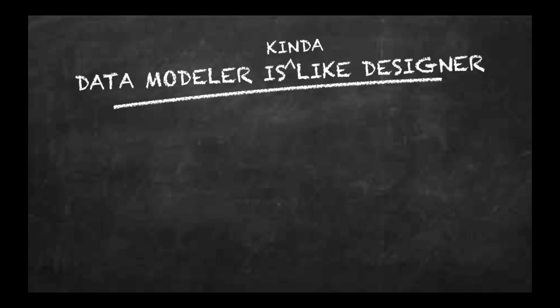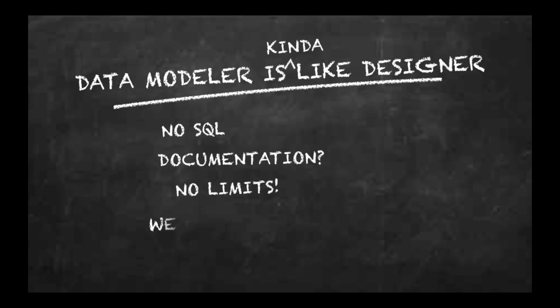So Data Modeler is like Designer. Well, kind of. It's true you can't use SQL to extract the information, and the documentation is really kind of weak compared to what was provided with Designer. But all the information you put into the tool is available to use as you wish, and you're limited only by your imagination. I feel like I've rediscovered the keys to the kingdom, and I want to share as much of the map as I have seen.